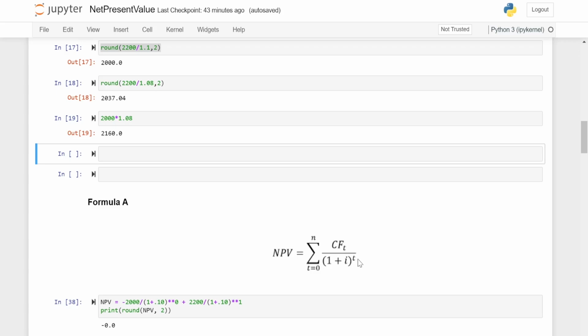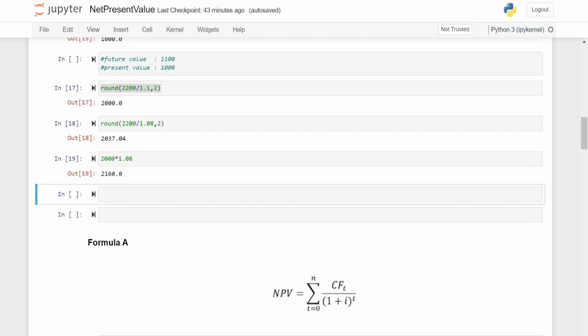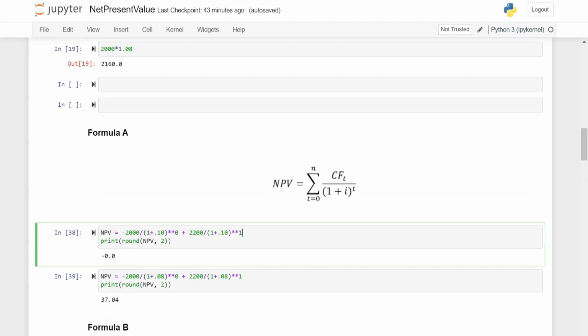In our case, we are considering only a single cash flow. There is one outflow and there is one inflow. That's all. Okay. Now let us see in detail what is going on here.